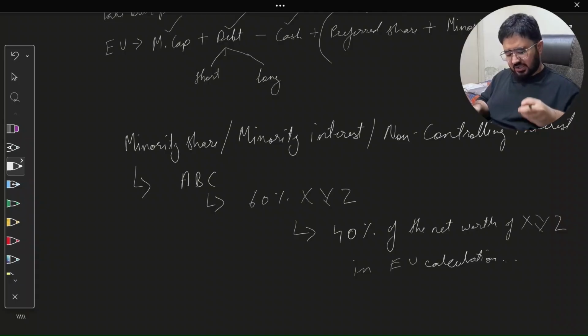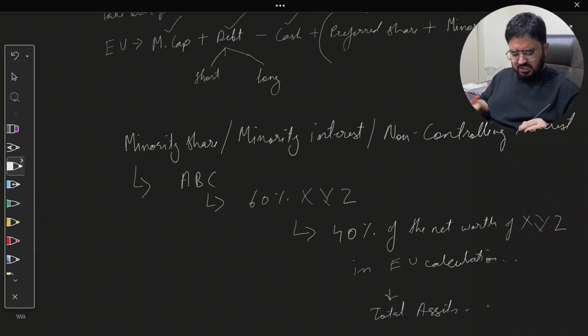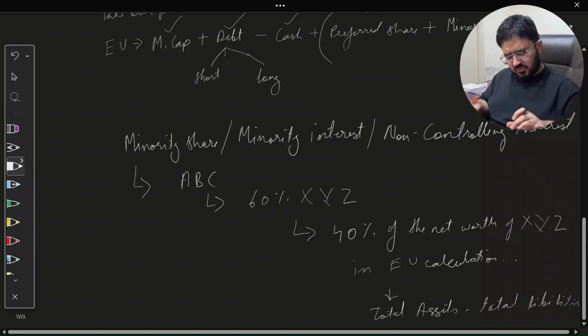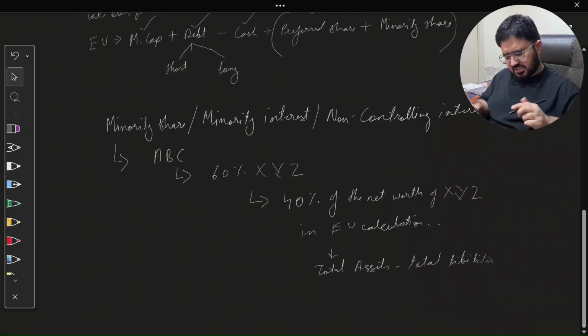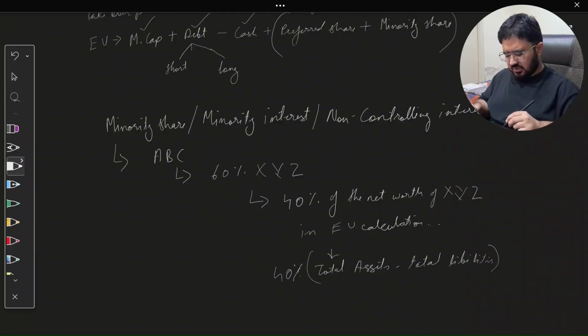So how would you calculate net worth? It is nothing but total assets minus total liabilities. So 40% of this will be included in the enterprise value calculation.